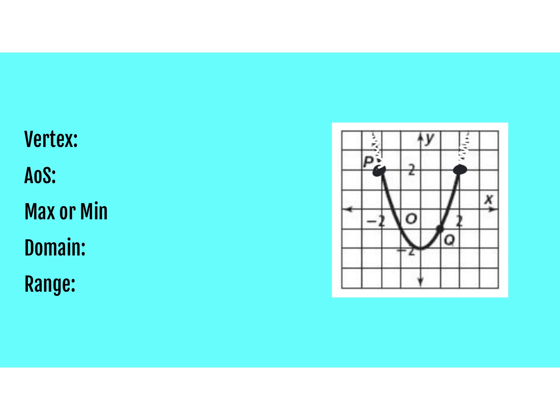So the vertex is in the same spot. Down here, this one is at (0, -2). So that means our axis of symmetry is x = 0, or the y-axis.